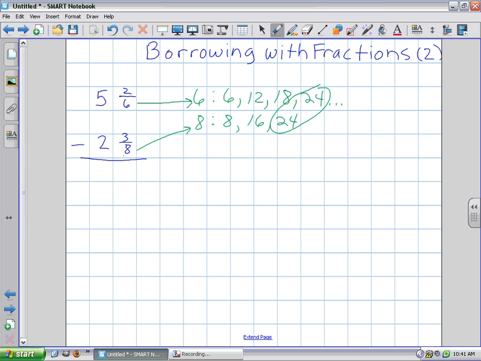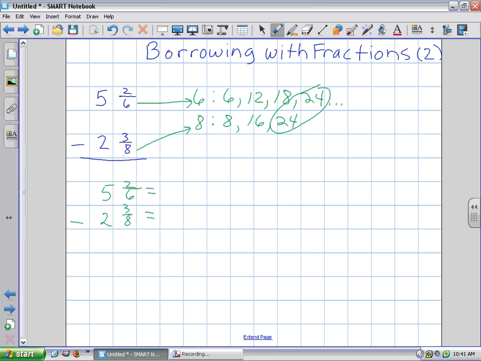So now I am going to rewrite the problem. And I am going to create new fractions using my new denominator, which is 24.